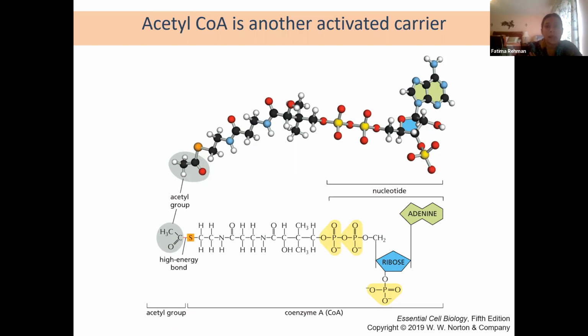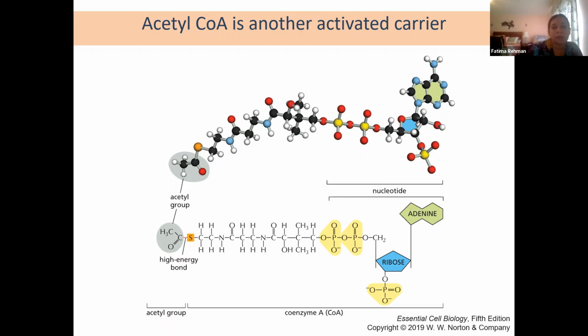Acetyl CoA is another activated carrier. In this case, again, if you look at this molecule, it is overall a very stable molecule, but it has an acetyl group at the end of its chain that's bound to a sulfur in a very high energy bond.